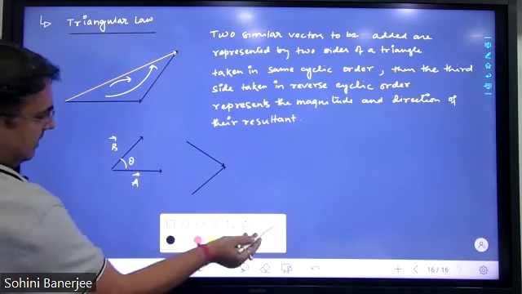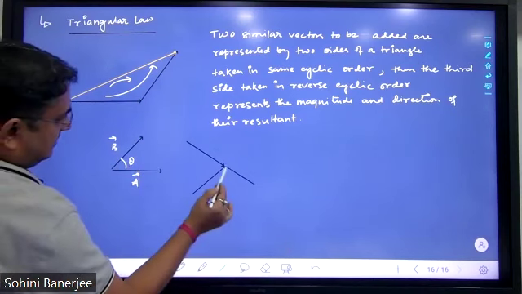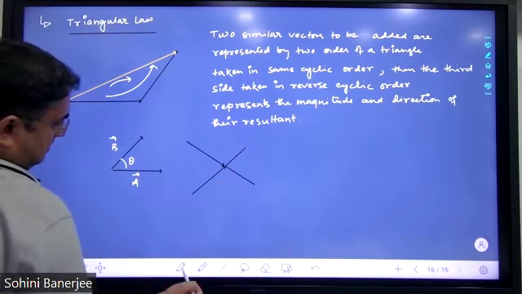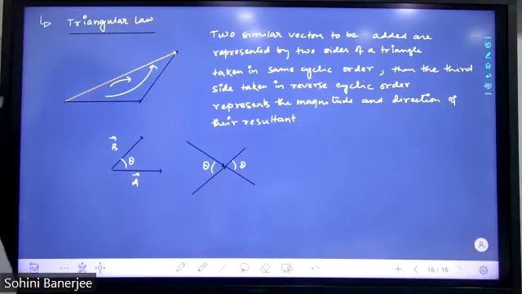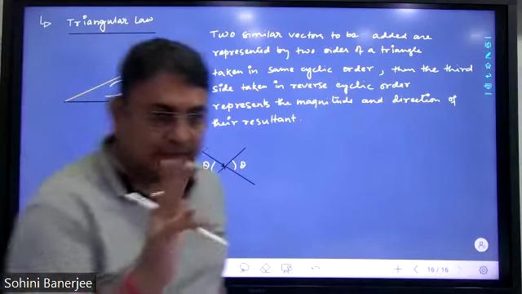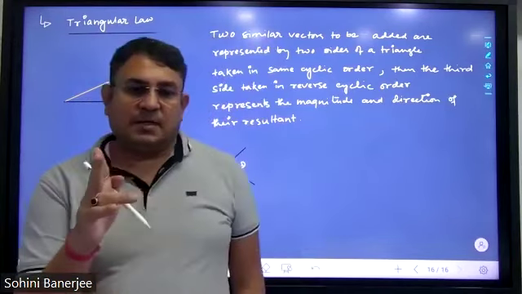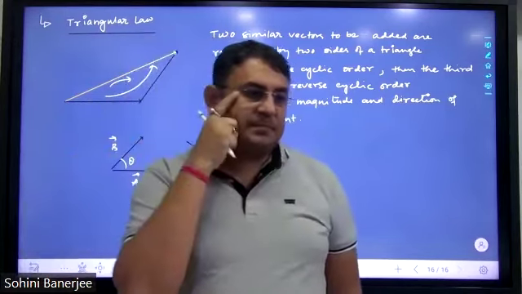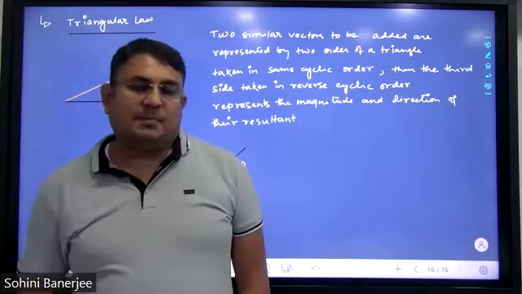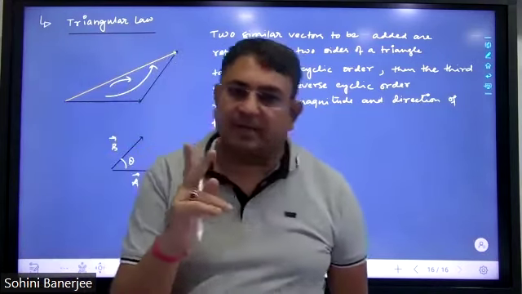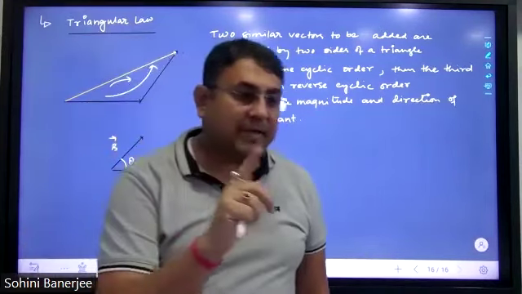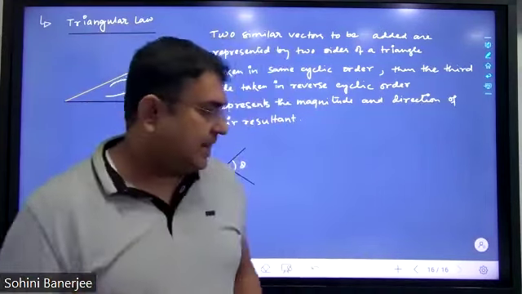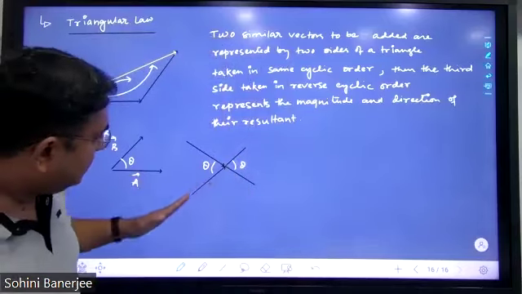If I extend, this angle means this angle. So basically, the angle between two vectors means what? The angle between two directions, right? We say the angle between two vectors, so actually we refer to the angle between two directions. So the direction of this one and this one.